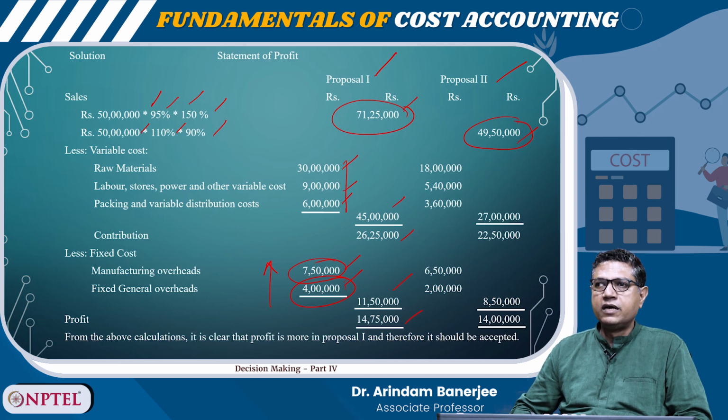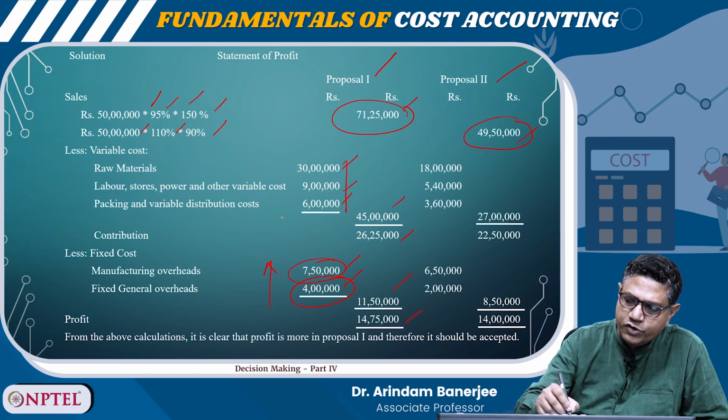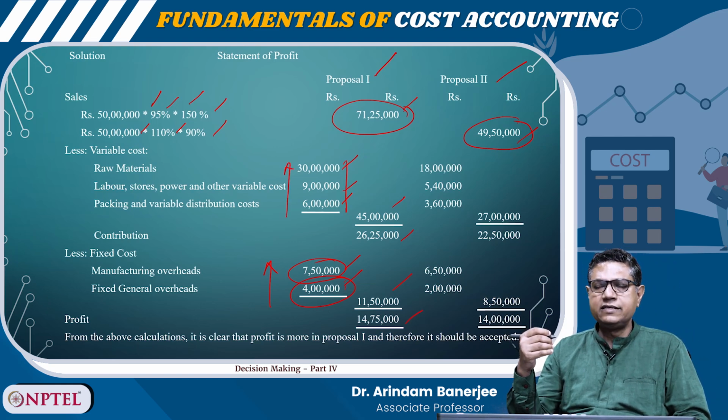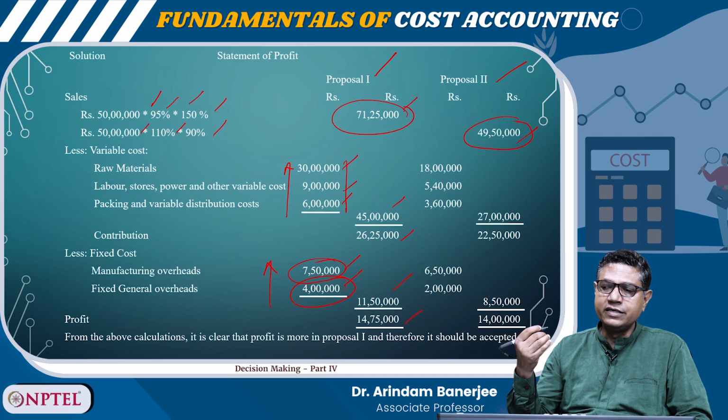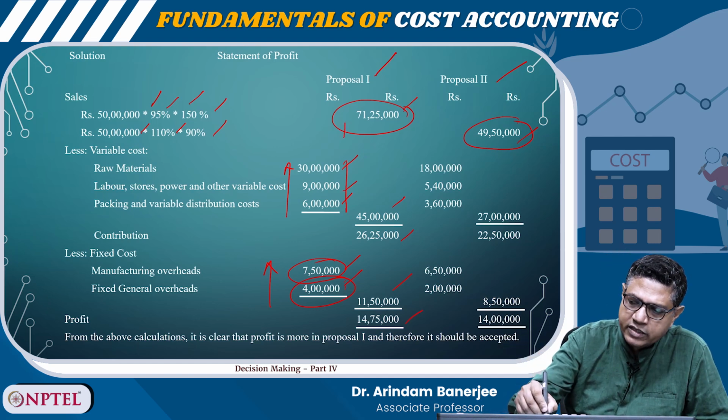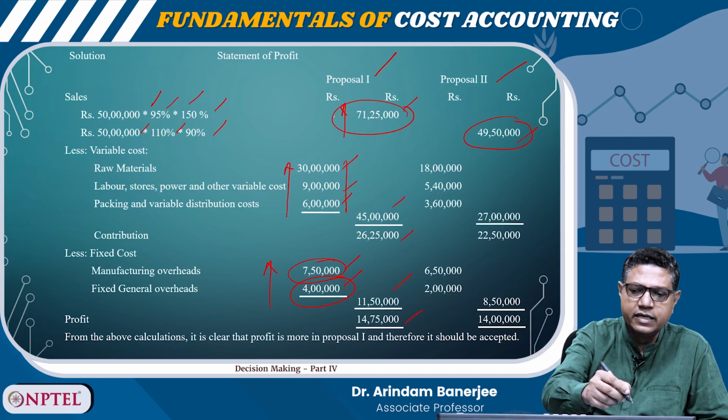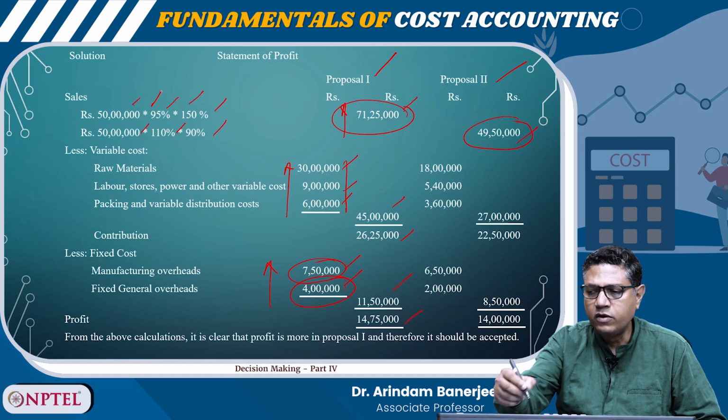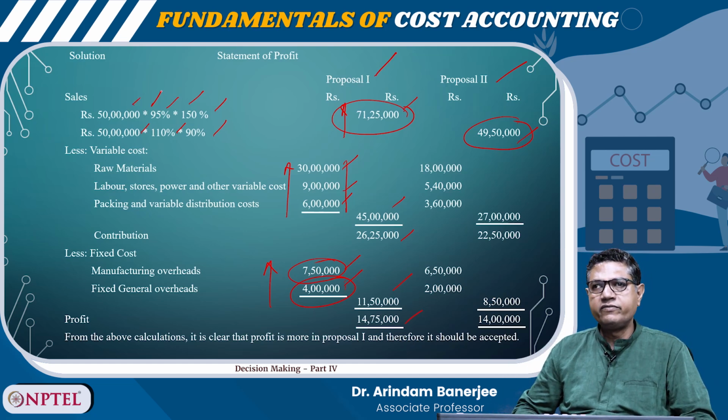So, you see the fixed cost is increasing here. And of course, variable cost is also increasing, because variable cost changes in proportion to the sales volume. But though these costs are increasing, my sales is also increasing. My earlier sales was 50 lakh, now it is becoming 70 lakh 25,000.